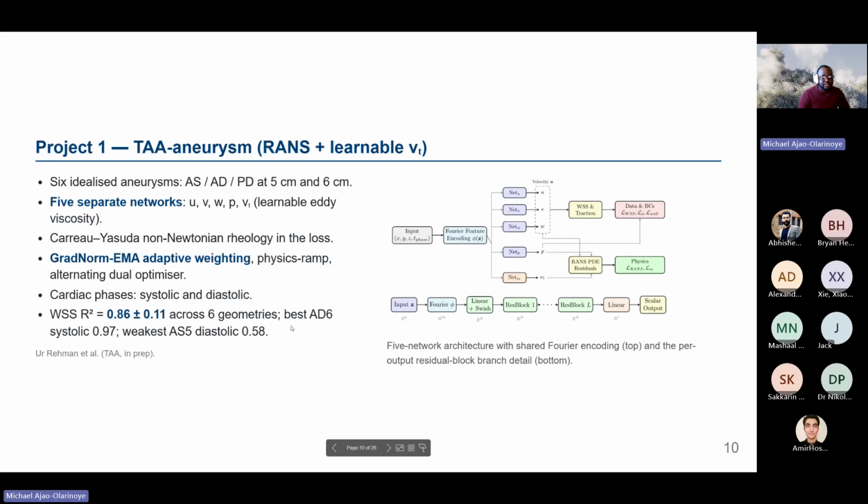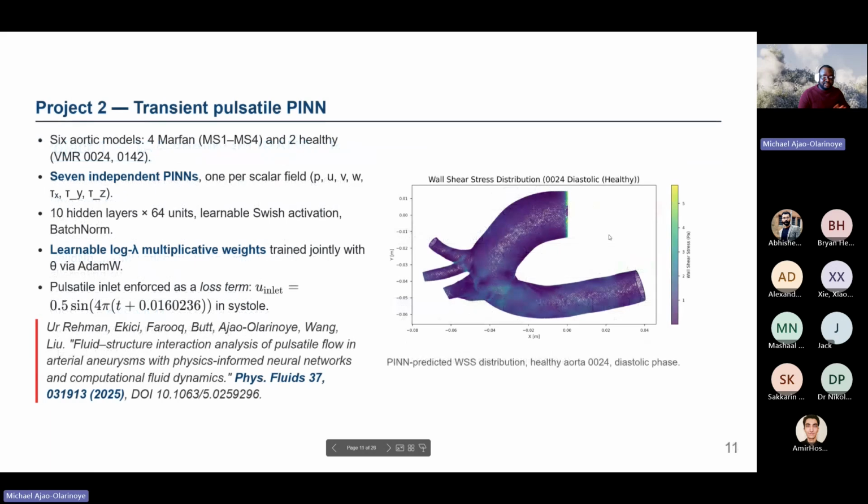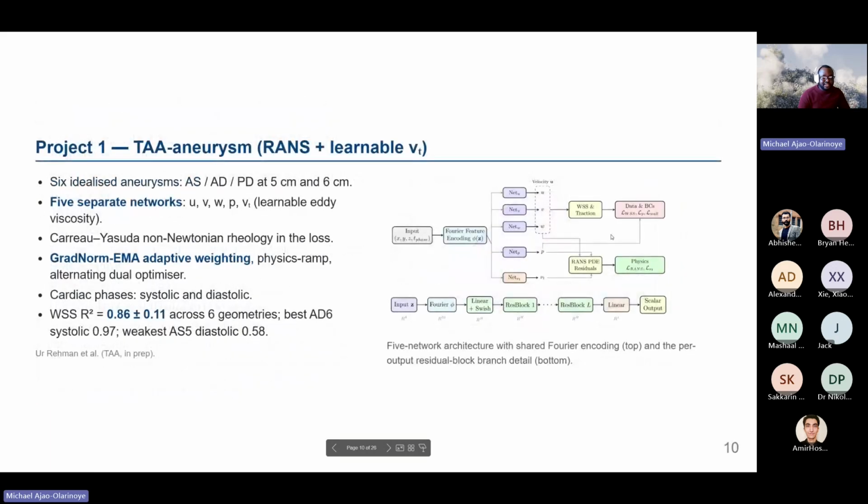Okay. So the actual loss weighting technique that was used for this case was the GradNorm EMA adaptive weighting technique. And before we move on to the next project, that allowed us to get the right balance and train the model in a relatively short time to be able to estimate what the outcome would be.